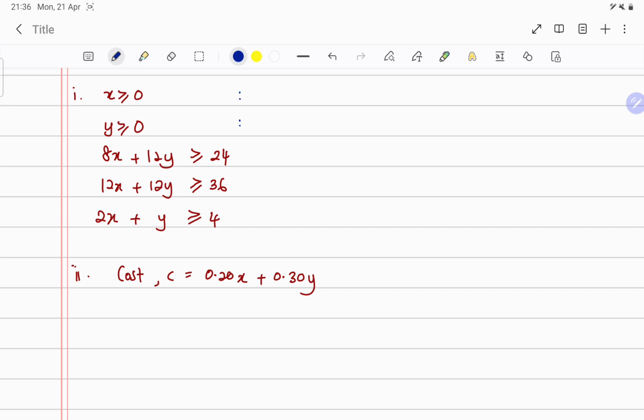Here all of the inequality symbols, you must change to equal. So x is equal to 0, y equal to 0, and then here 8x plus 12y equal to 24. This one 12x plus 12y equal to 36. This one 2x plus y equal to 4.